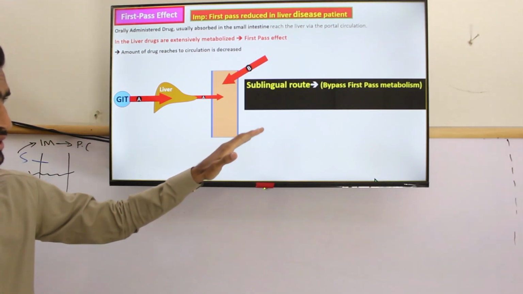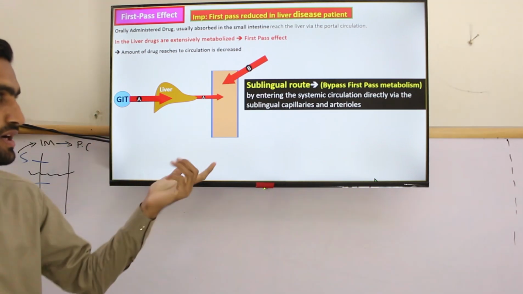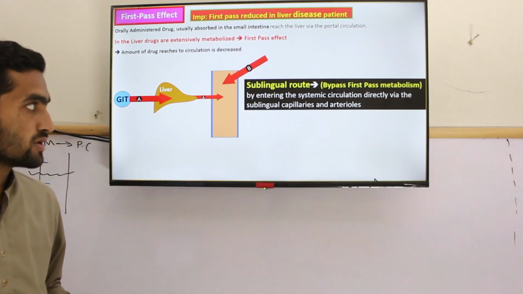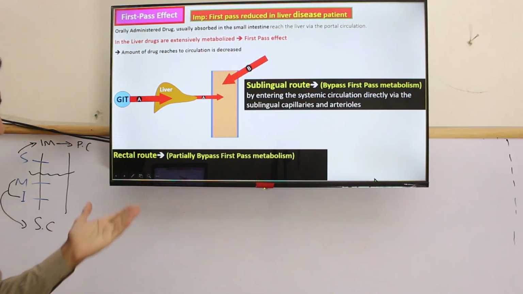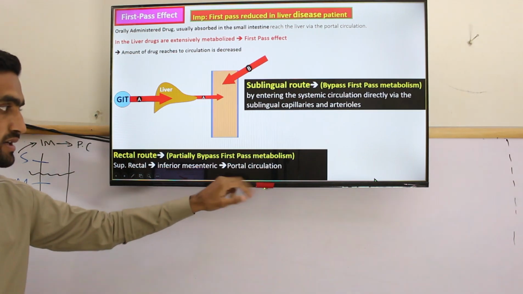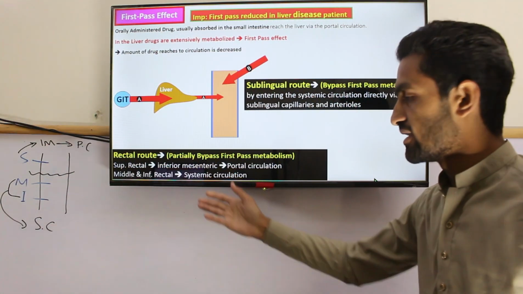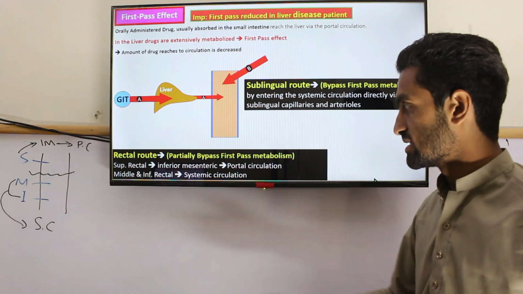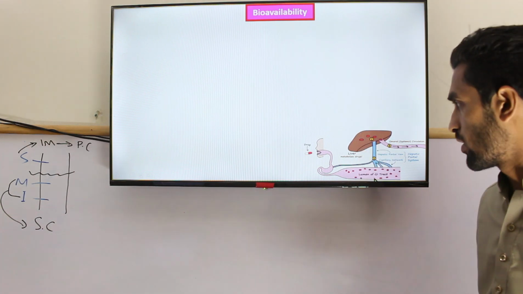The sublingual route bypasses first pass metabolism, as we have explained, because the drug directly enters the systemic circulation. If you look at the rectal route, it partially bypasses because the superior rectal goes into your portal circulation, while the middle and the inferior rectal enter the systemic circulation.